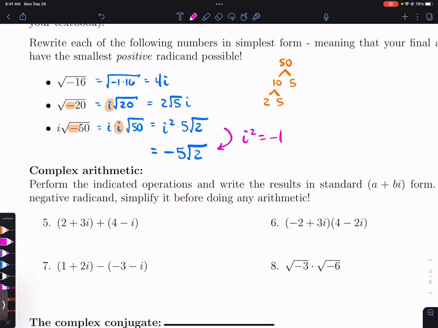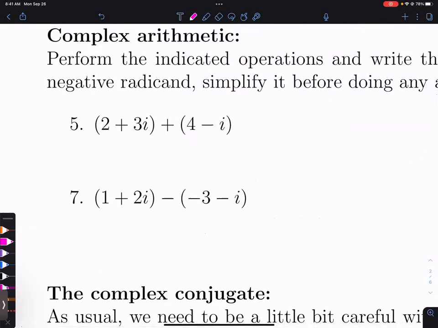So if I'm going to add or subtract complex numbers, you just do it the same way you would if these were x's instead of i's. You treat them like terms. So 2 plus 3i, this is one complex number, plus another one, 4 minus i. The way I would add those together is just add the like terms.